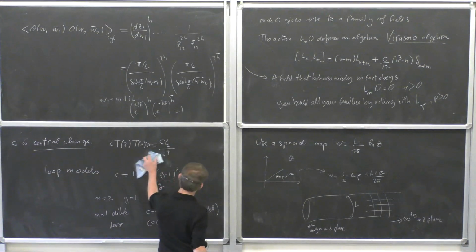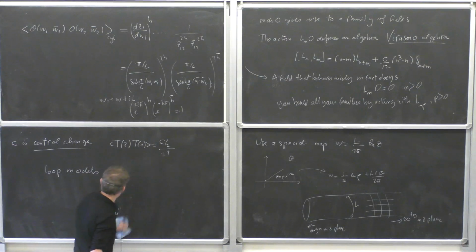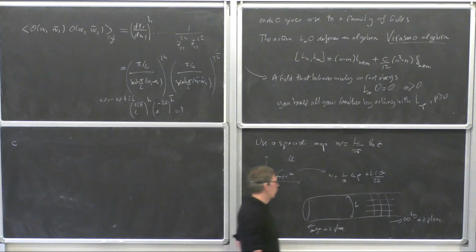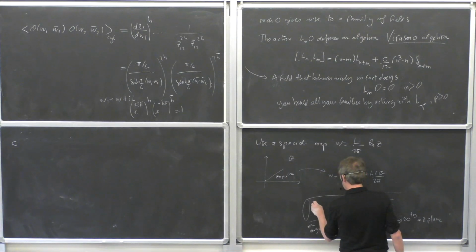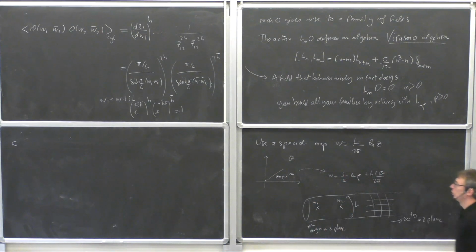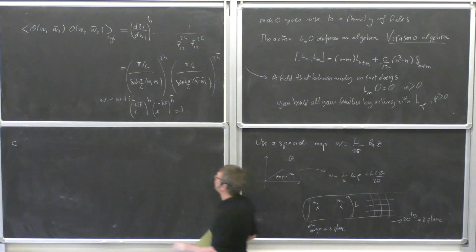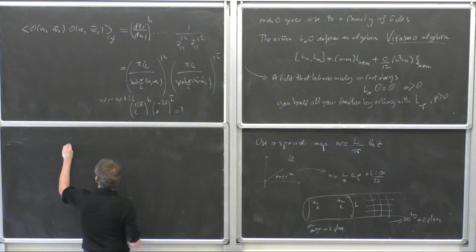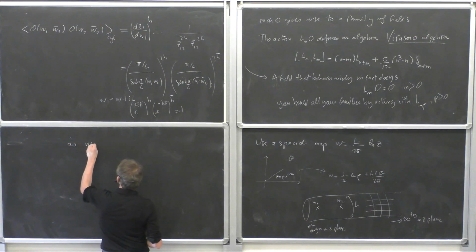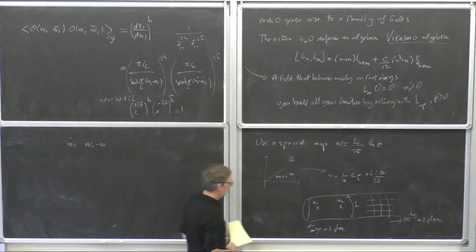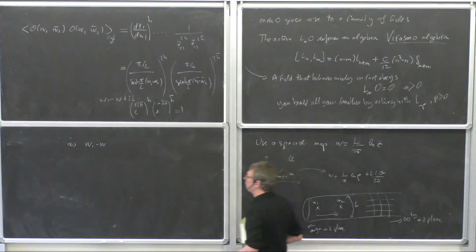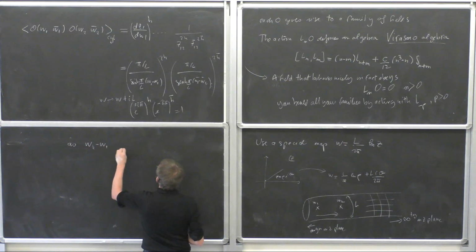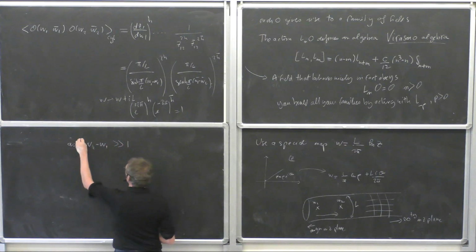And now I'm going to come to the point. The point is that I can expand this correlation function as W1 and W2 become distant on the cylinder. Or maybe I can just look at the leading order term. Imagine we propagate that way, so let's take W2 minus W1 much larger than 1.